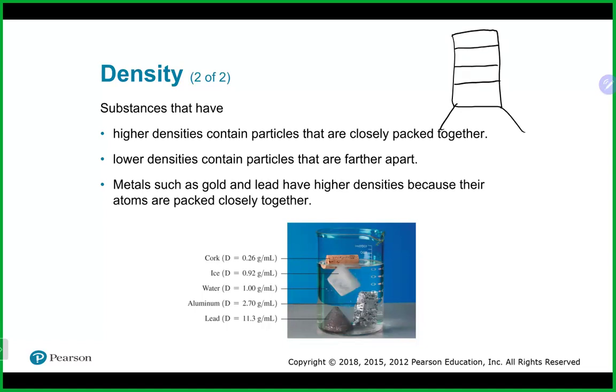So you would have different layers that would occur if you put some solutions of different densities together. Obviously, the bottom layer would be more dense. Obviously, the top layer would be less dense. And if you put something in it that just floats right about there, that means that whatever that dot is, it is more dense than whatever's above it in terms of layers, and it is less dense than anything below it as well. So it just suspends itself in that layer.